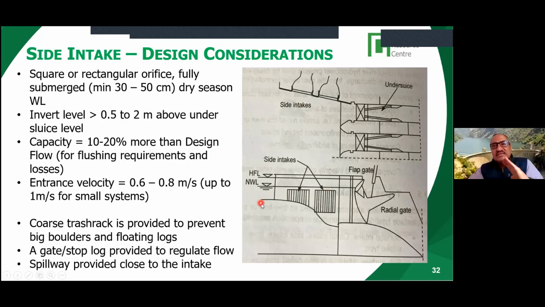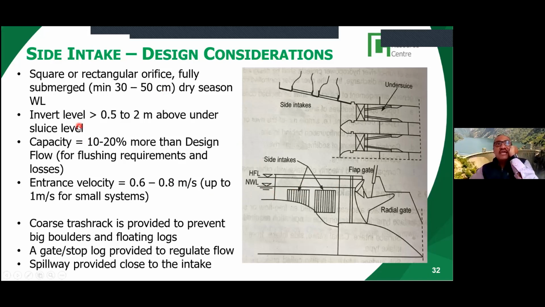If you see the front view, the normal water level should be higher than the top of this intake, at least 30 to 50 centimeter even in the dry season, because otherwise it will not meet your water requirement.